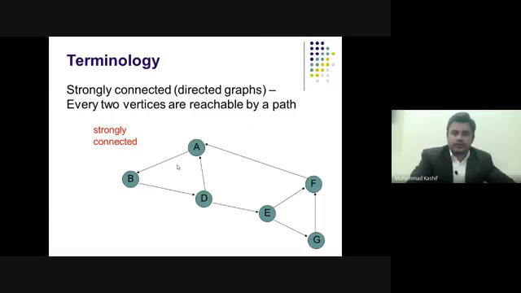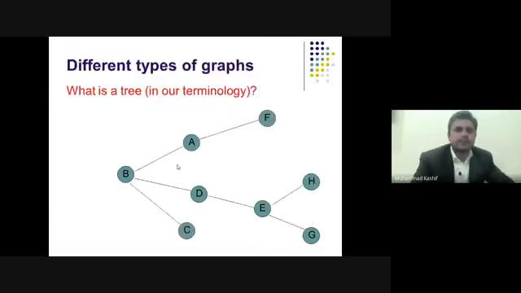So there is a cycle available in this graph, and we can reach every two vertices by a path. So this is a strongly connected graph that we have on this slide.